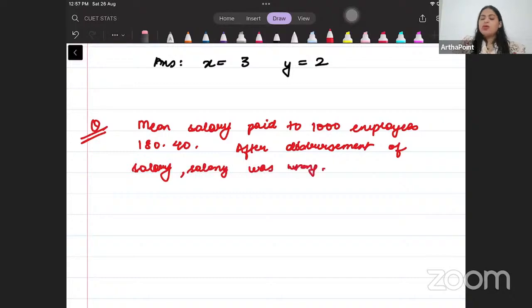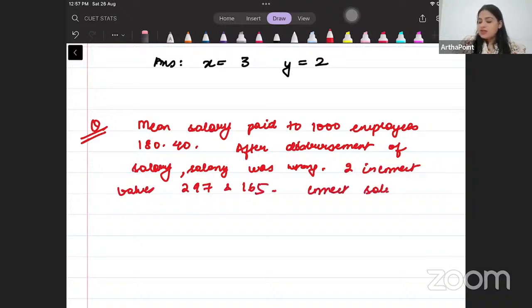So it tells you that there were two values that were wrong. So two incorrect values, which were 297 and 165, right? And the correct salaries that should be there were 197 and 185. So find the correct mean.